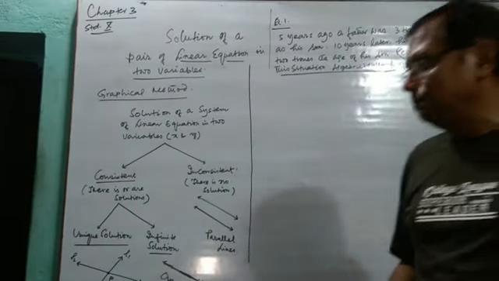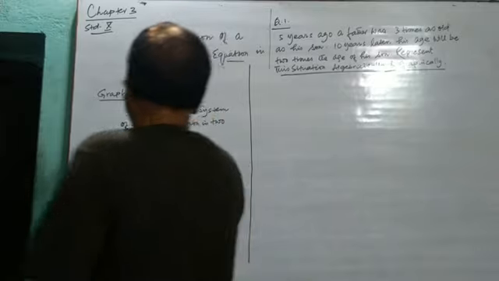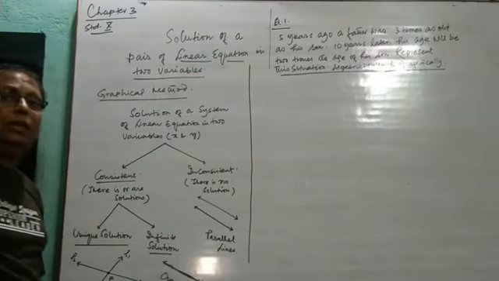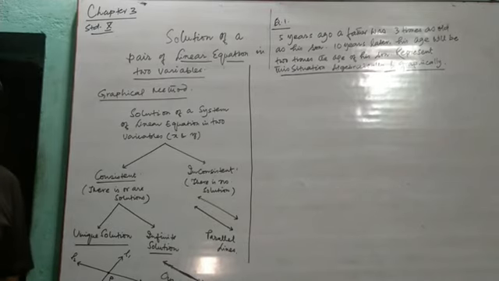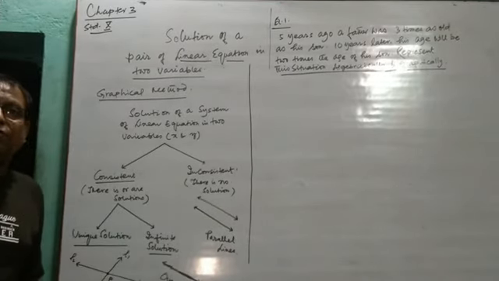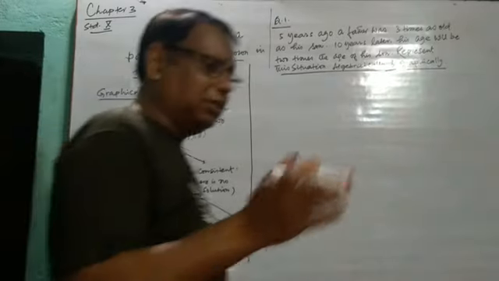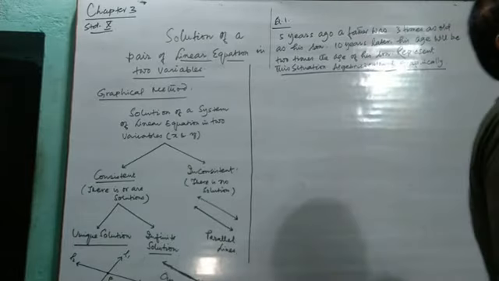Now let me tell you, our topic is linear equation. Why the word linear? Because it is a first degree equation. And whenever a first degree equation is plotted on the graph, you will get a straight line.